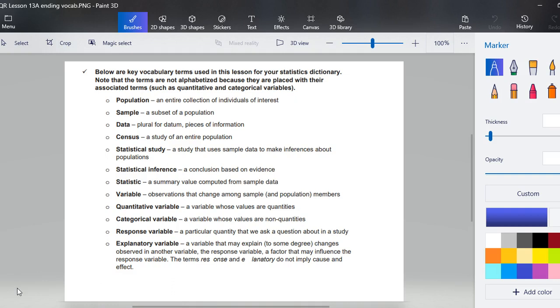Note that the terms are not alphabetized because they're placed with their associated terms, like quantitative and categorical. So we have the population, sample, data, census, statistical inference, the statistic, and a variable, quantitative, categorical, response, and explanatory. Make sure you have complete information on your flashcards and glossary so that you'll be able to study best for this homework and your next test.